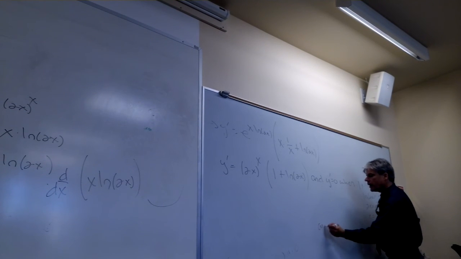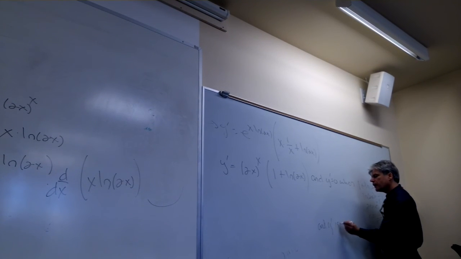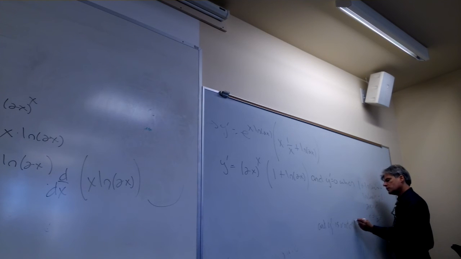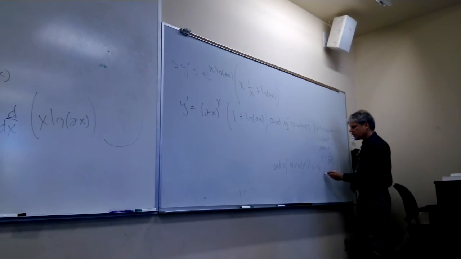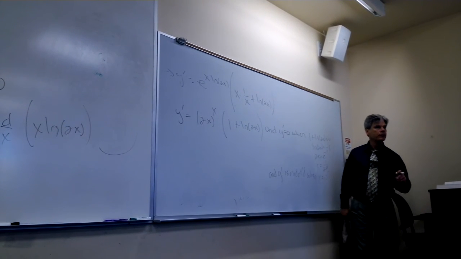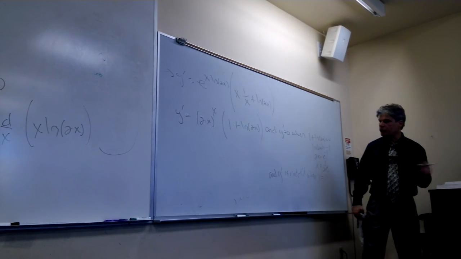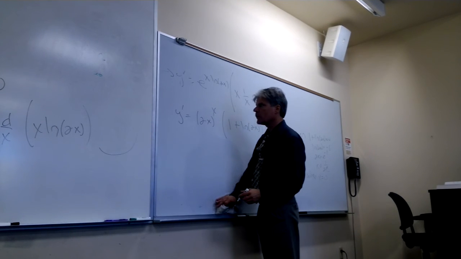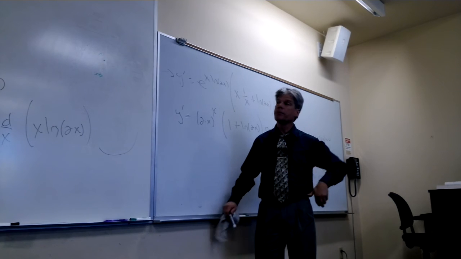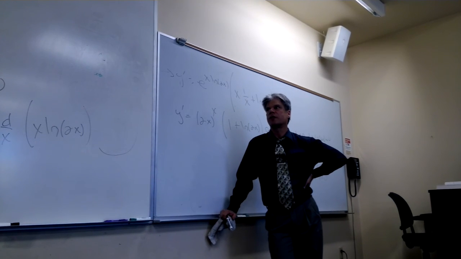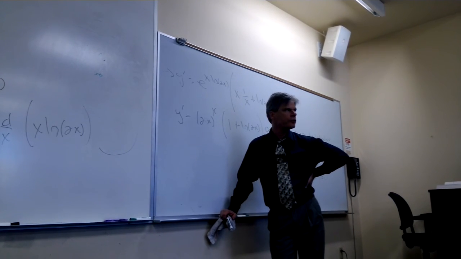And y prime is undefined simply when the second factor is undefined, and that clearly happens at x equals 0. So the only two critical numbers I have are 0 and 1 over 2e. That being the case, I forgot the question.